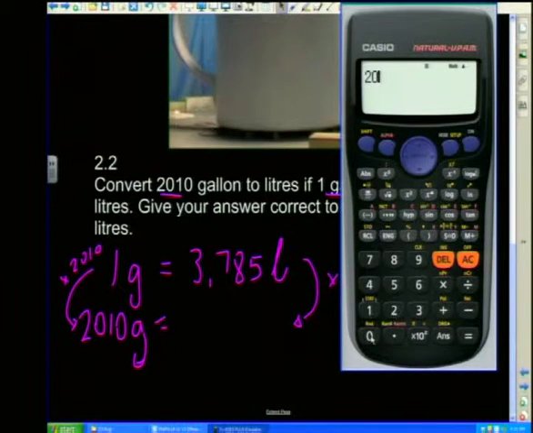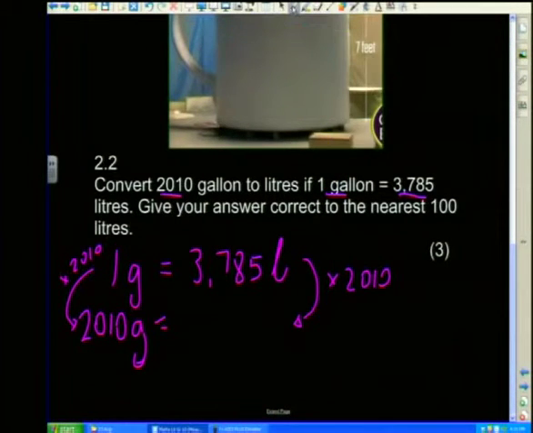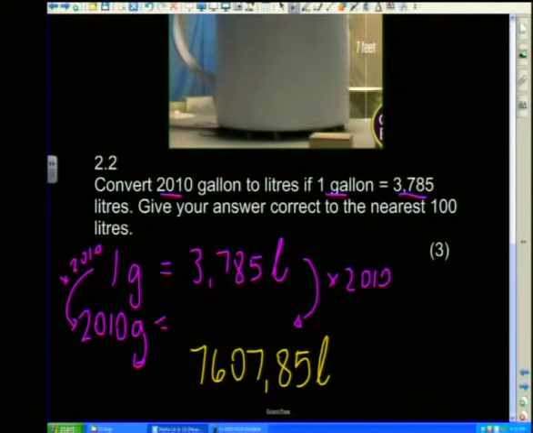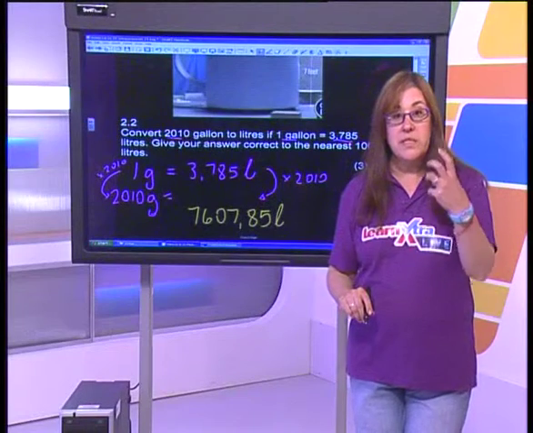Right, so I've got 2010 gallons times 3.785, and I get an answer of 7607.85. And that was liters. Now, can you see that makes a whole lot more sense to you?